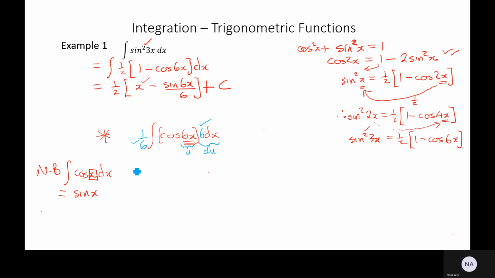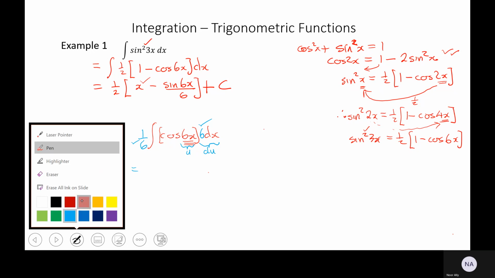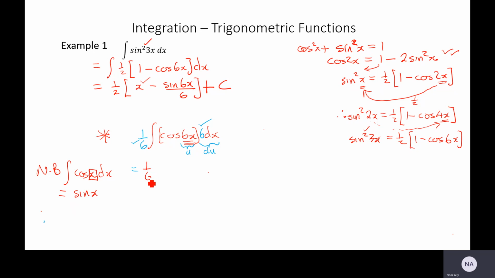And therefore, your answer will simply be 1/6 times the integral of cos u, which is sine of u. We made u 6x, compensated with the 1/6, which gives you the answer you see there, sine of 6x divided by 6.